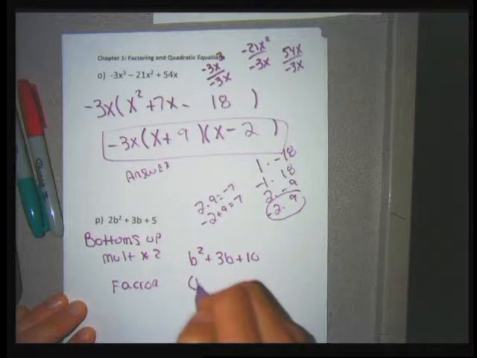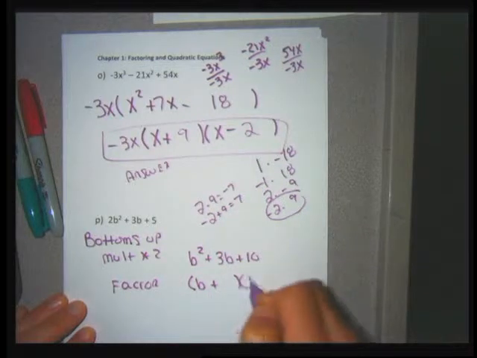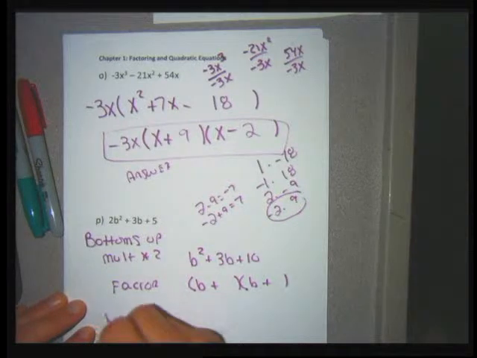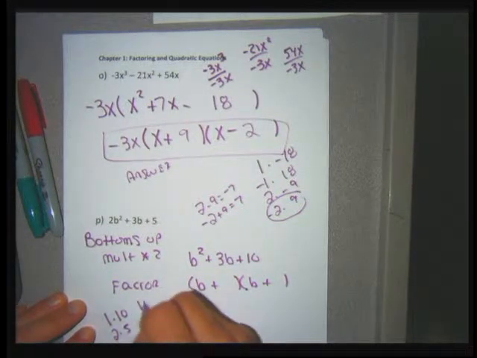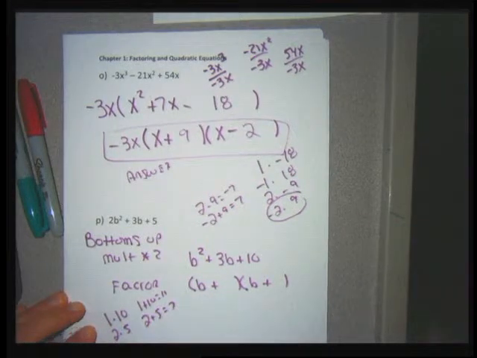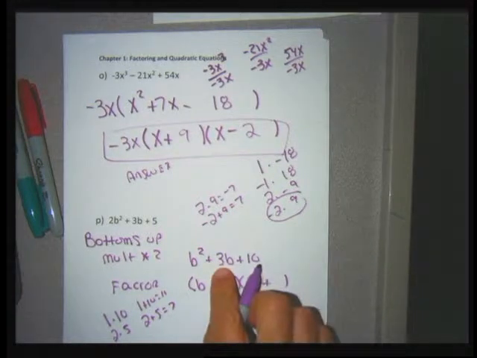There's no minuses, so it's a double plus. Now I start writing the double plus factors of 10, which are 1 and 10 and 2 and 5. 1 plus 10 is 11. 2 plus 5 is 7. There aren't any double plus factors of 10 that give me 3.